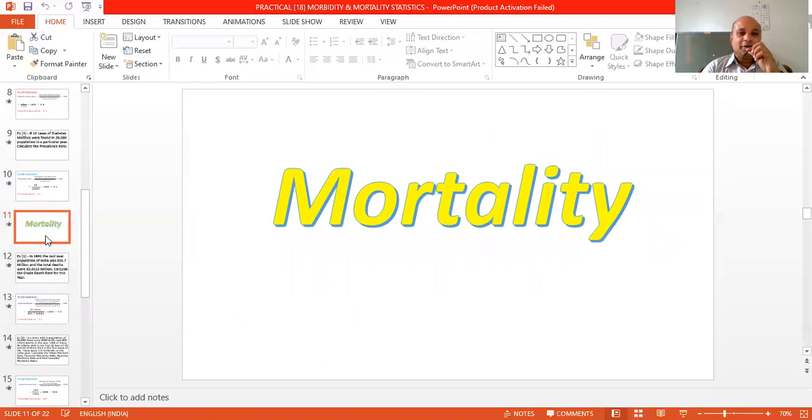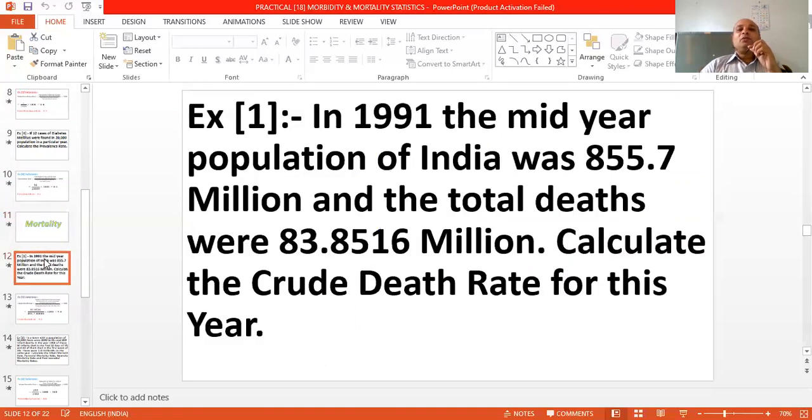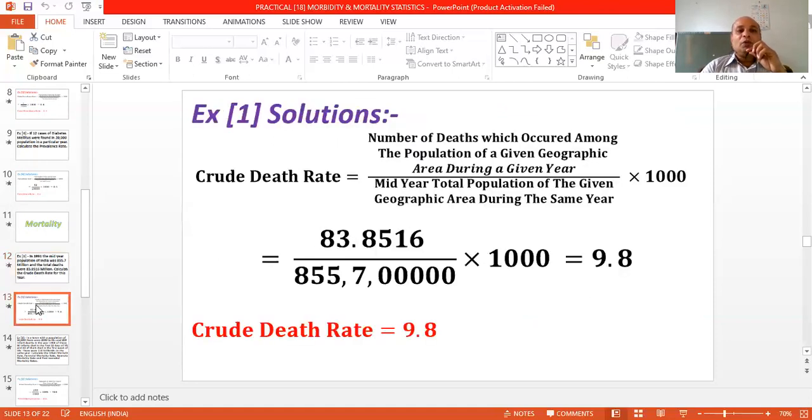Then mortality. Example first. In 1991, the median population of India was 855.7 million and the total deaths were 8.38516 million. Calculate the crude death rate for this year. Then calculation for crude death rate.